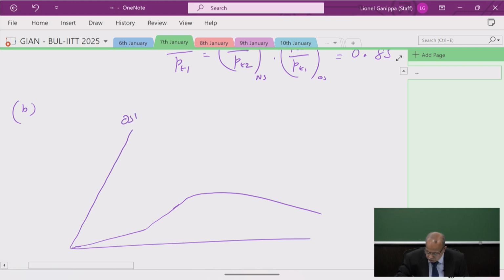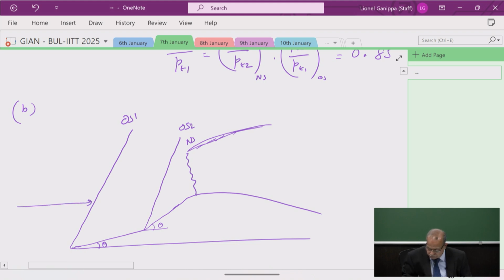Here is oblique shock 1, oblique shock 2, and then here is the normal shock. So this is the angle theta, which is the same in all the cases here. So it makes our life easier.